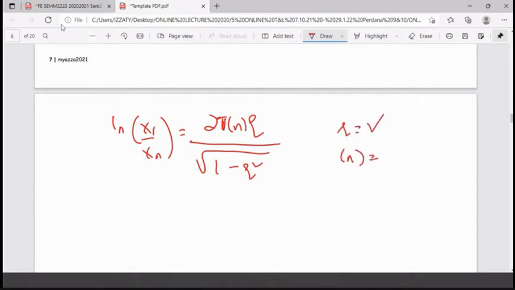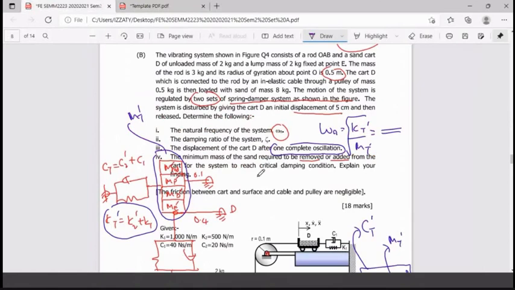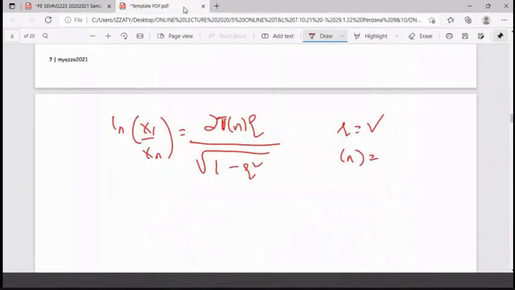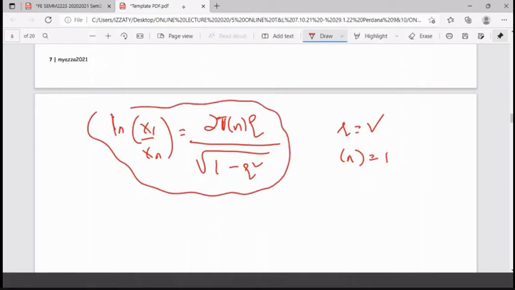How many cycles just now? N is 1 cycle. So N is 1. Then you'll be getting the result x1 by x2, which is equal to the exponent of the whole thing.